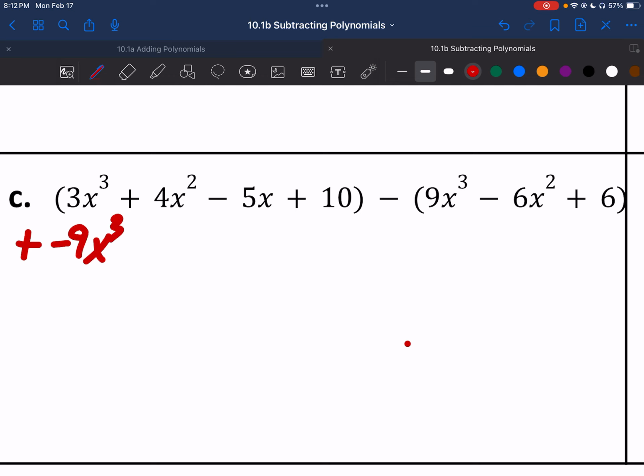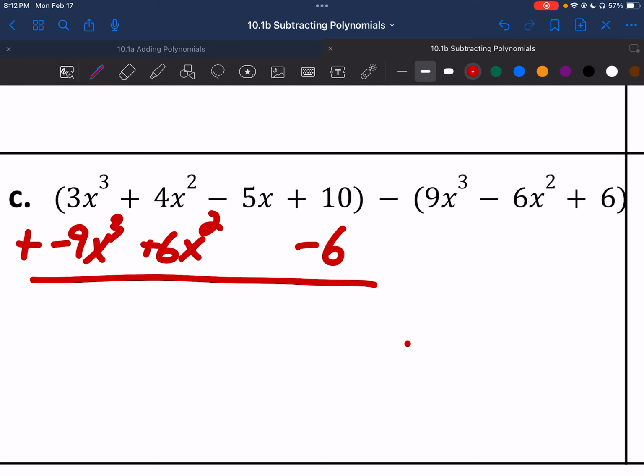We are then adding the inverse, so positive 6x squared. No change on the minus 5x, and then we have the additive inverse of plus 6 is minus 6. So essentially, we've said this is plus negative 1 being distributed to all three terms.